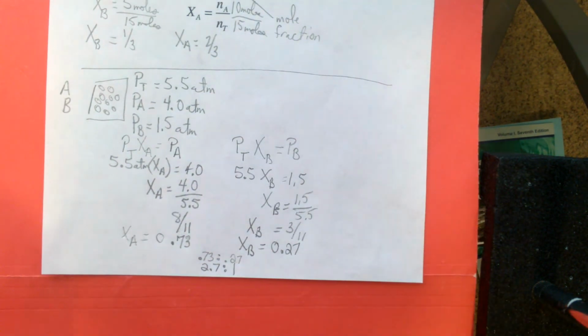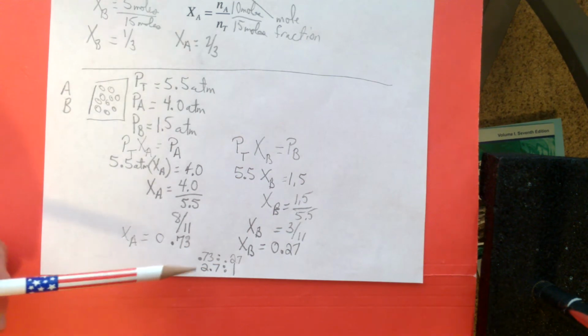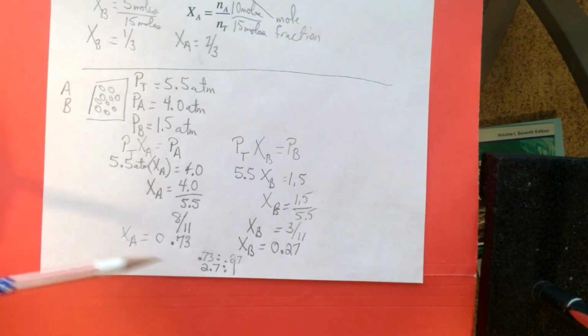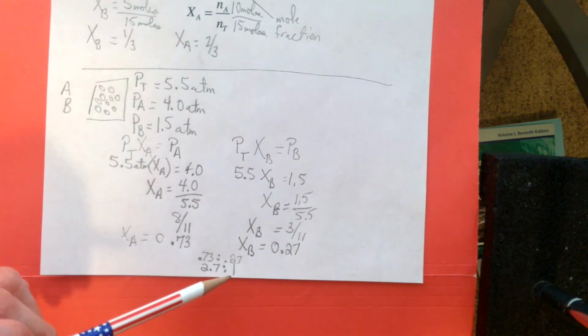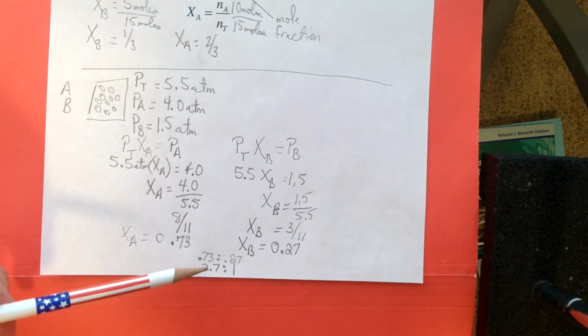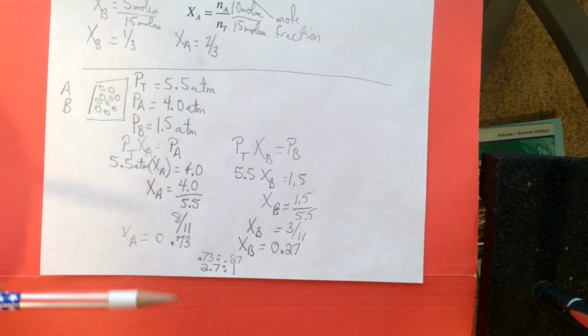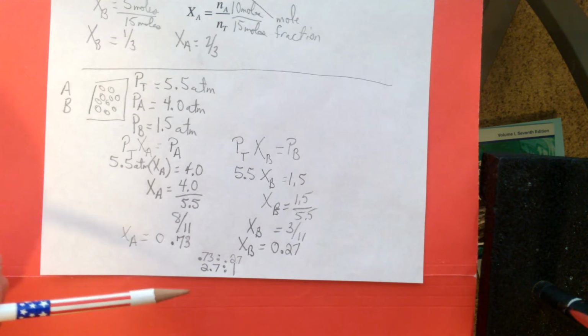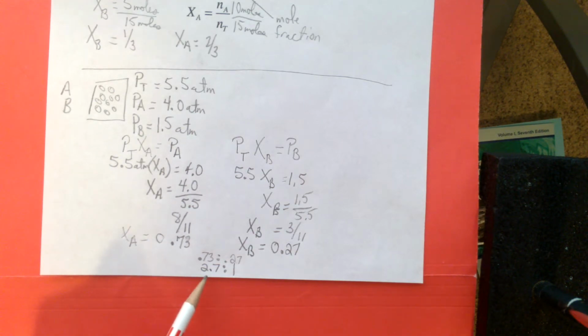What that helps us realize is that in our gas mixture, we have 2.7 moles of gas A for every mole of gas B. Or if we thought of it as individual molecules or atoms of gas, we have almost 3 atoms or molecules of gas A for every molecule or atom of gas B.